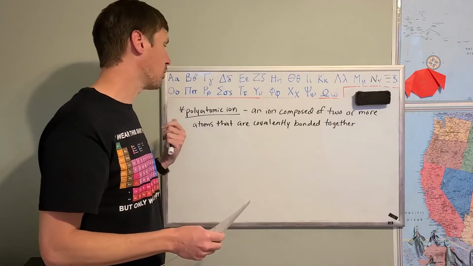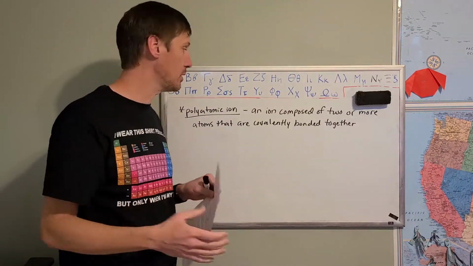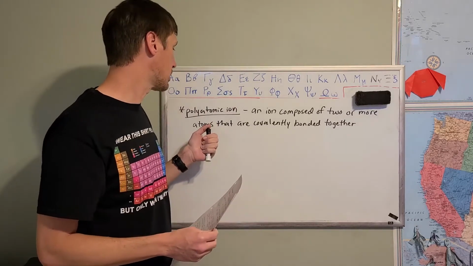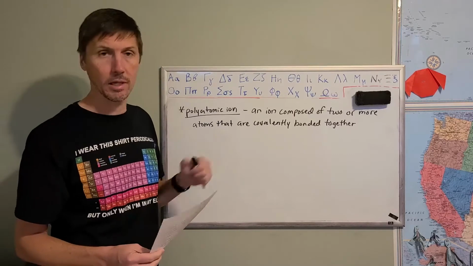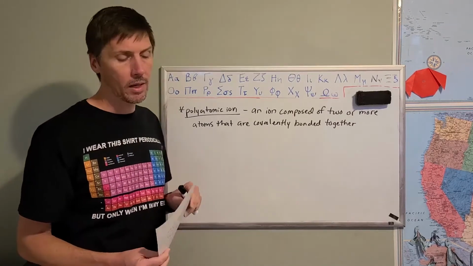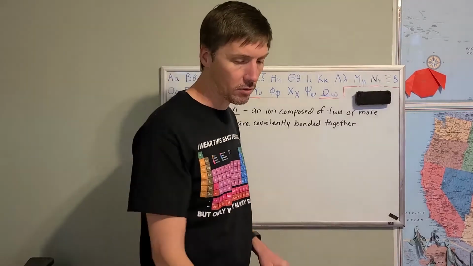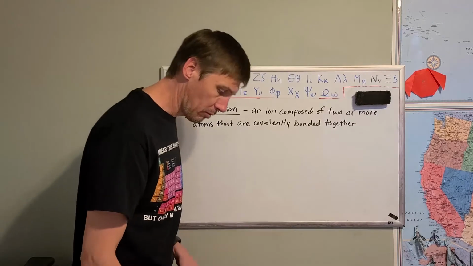Well, we want polyatomic ions. That's an ion. It carries a charge, but it's composed of more than just a single element like we had in our previous ions. This ion is composed of two or more atoms, and those atoms are covalently bound together. Let me show you one common one.